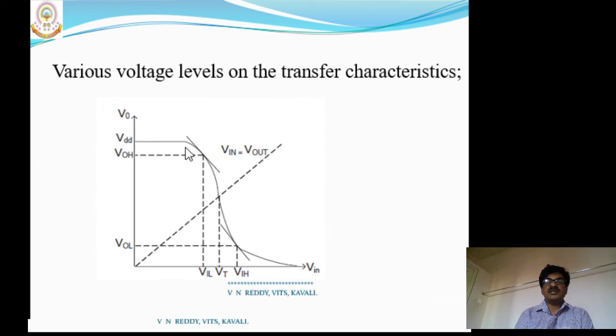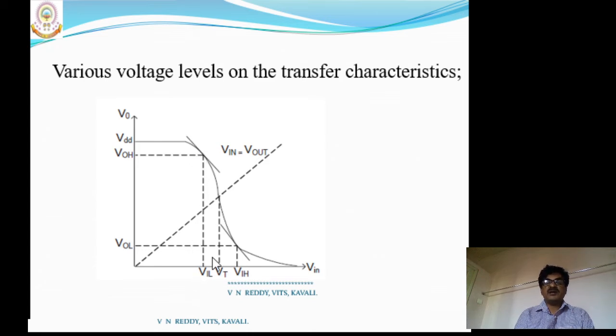It is less than VDD, and that is referred as the VOH. Here in this diagram, VOH. So with the incremental of input voltage up to VIL, that is the maximum low level input voltage, corresponding to this voltage, the output voltage is at VOH.